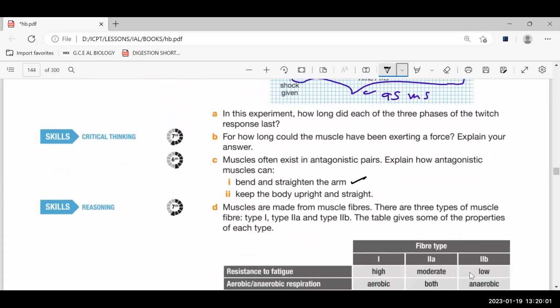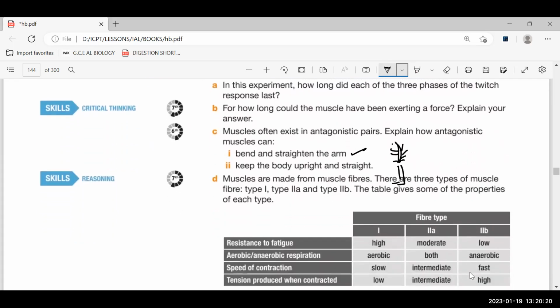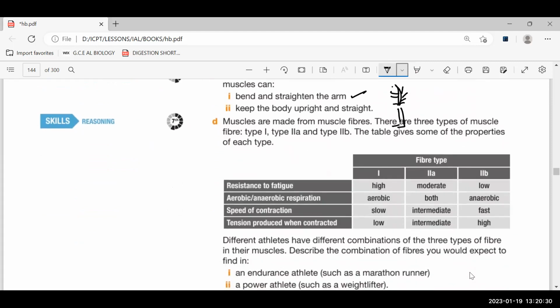To keep the body upright and straight, a lot of muscles are involved, especially the muscles attached to the vertebral column, and also muscles attached to the legs. They are also important for keeping the body upright and straight. So a group of muscles contract, other muscles relax to keep the body upright and straight.